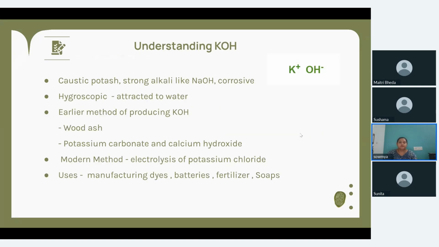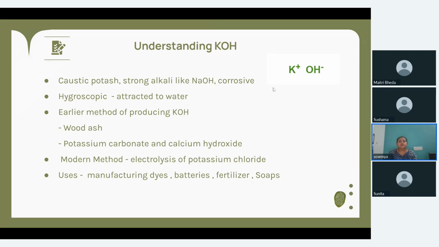So that is why if you buy the potassium hydroxide pellets, it might be expensive compared to your sodium hydroxide. Now we will further learn about the chemistry, the function, and the nature of potassium hydroxide. Potassium hydroxide, also known as caustic potash, is a strong alkali, like sodium hydroxide, and it is highly corrosive.